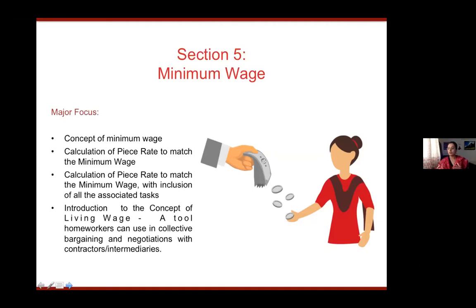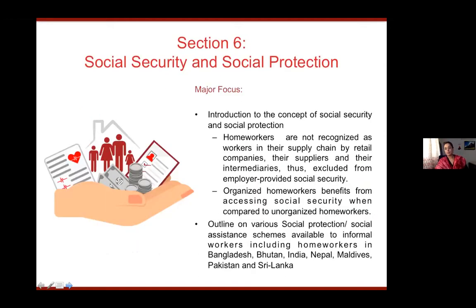We know we're very far away from living wages, but we've also introduced the concept of living wage and how home workers can use this for collective bargaining and negotiation with contractors and intermediaries. The next chapter is on social security, or maybe the lack of social security that home workers have.